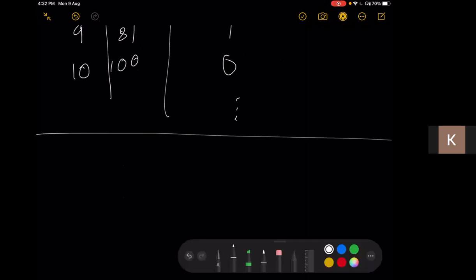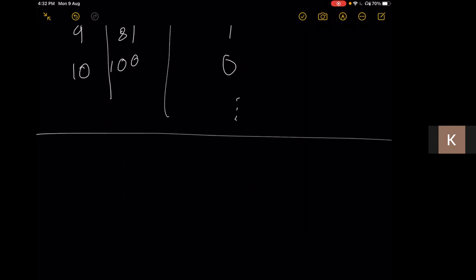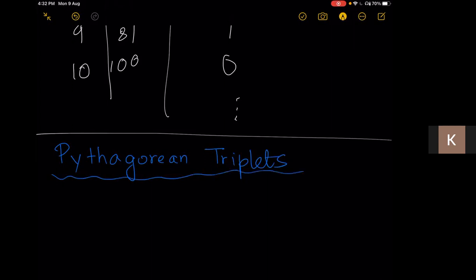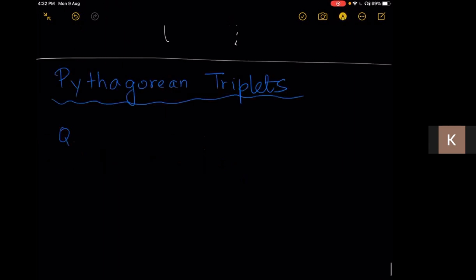Now, let us study this very famous and beloved thing. So basically the question is: find all integer solutions to x square plus y square equal to z square.